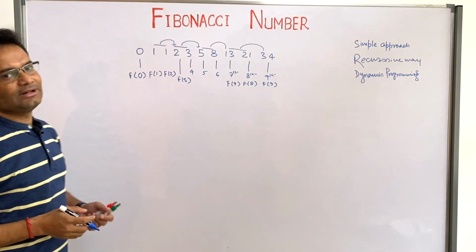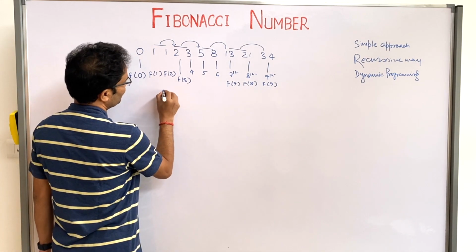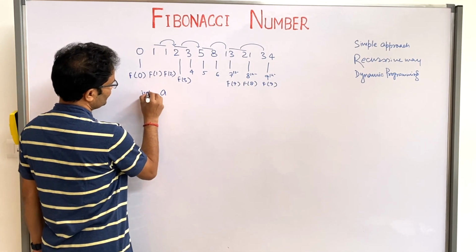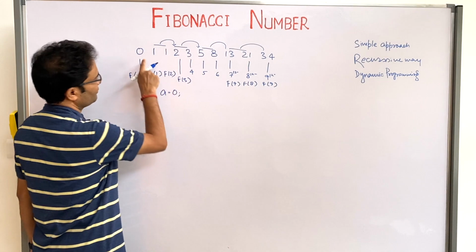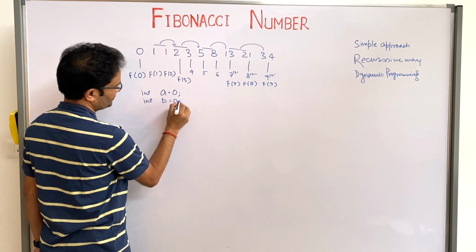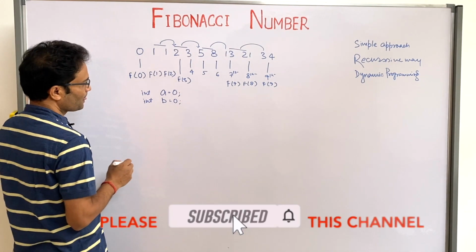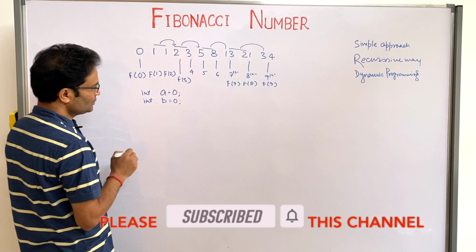So how to generate the Fibonacci series? It's very easy. Starting, what you have to do is take int variables and give the first two Fibonacci numbers, A and B, and then you can print A and B both.